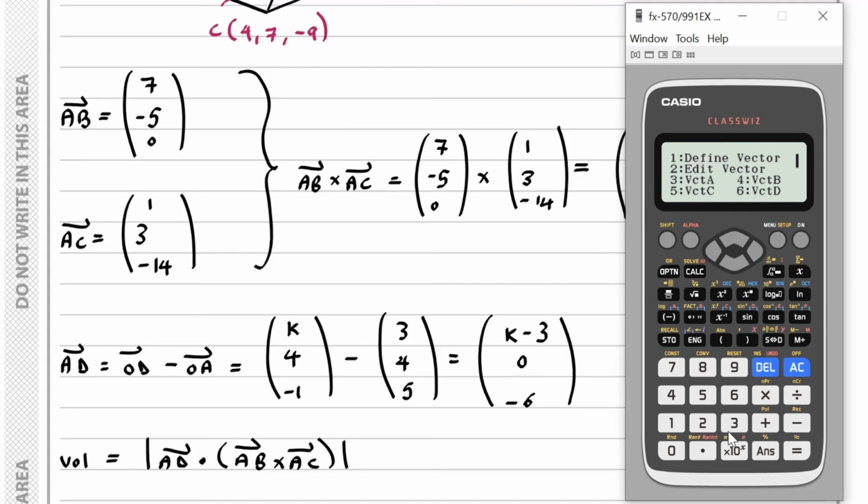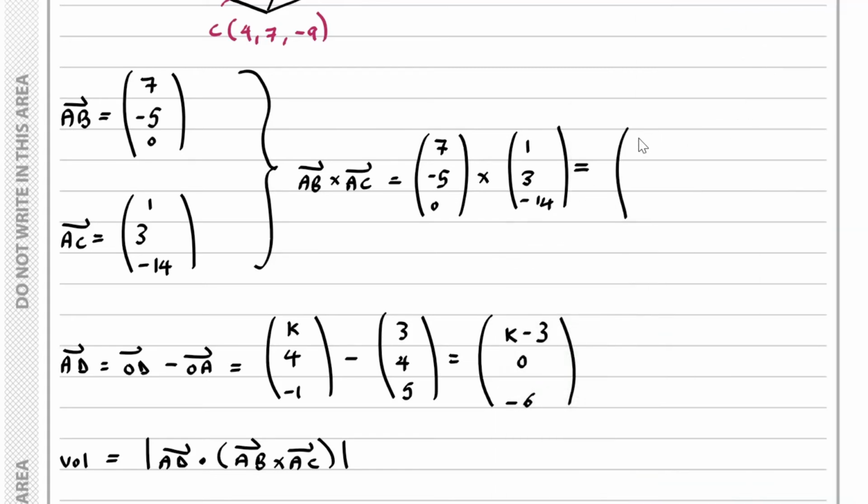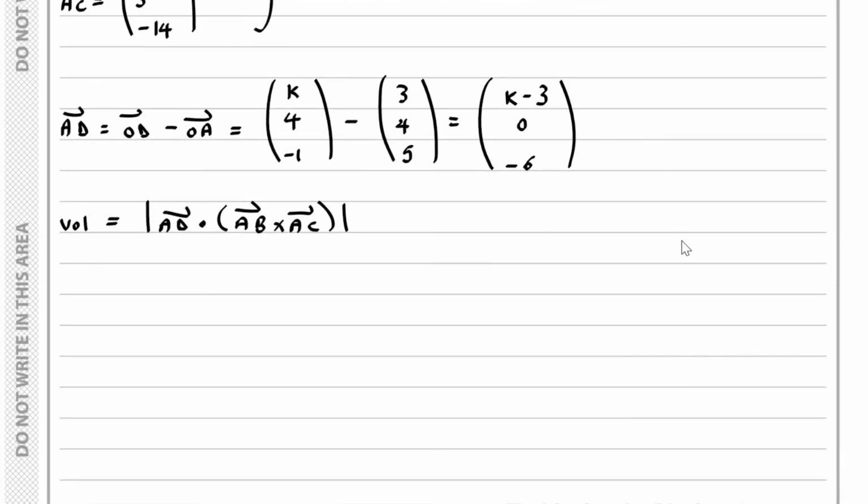So we have this vector multiplied by this vector. It turns out we get (70, 98, 26). Okay, so the volume therefore is equal to the magnitude of AD, (k-3, 0, -6), dot product with (70, 98, 26).